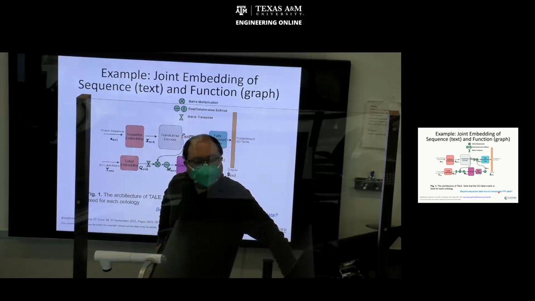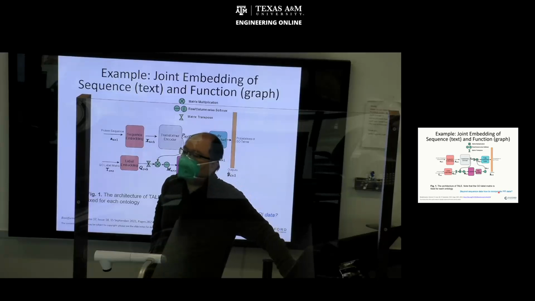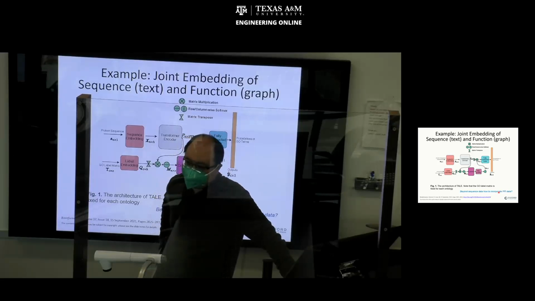Any suggestions? How would you model protein-protein interaction data? What kind of data modality is this? And what kind of models are good at learning from such data? Well, you can represent the protein-protein interaction network as a graph, right?